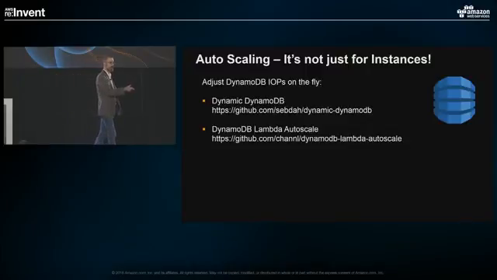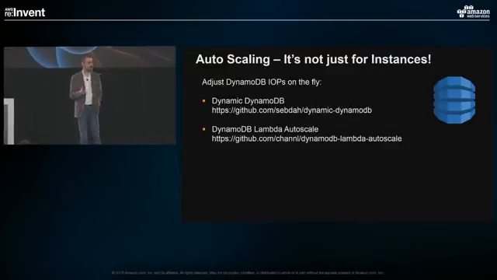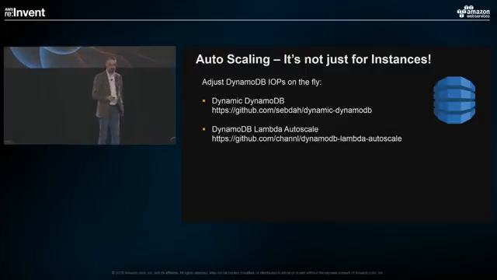Really, it's about that value that we talked about at the beginning. Pay for what you need, right? So we've got Dynamic DynamoDB, and then another tool called DynamoDB Lambda Autoscale. Jeff Barr has a post on this second one. If you're interested in those, you can go to their website or check out Jeff's post.